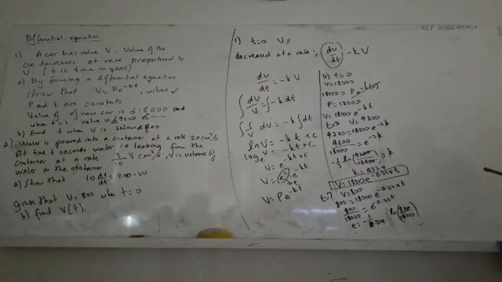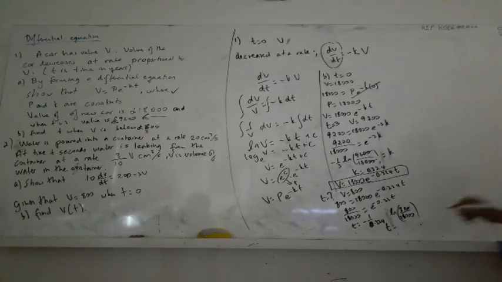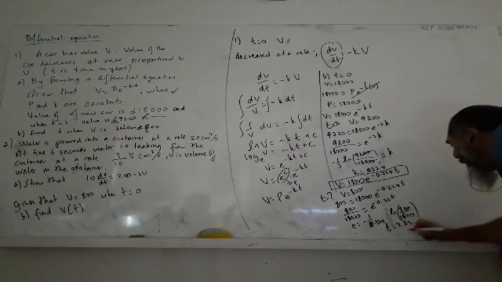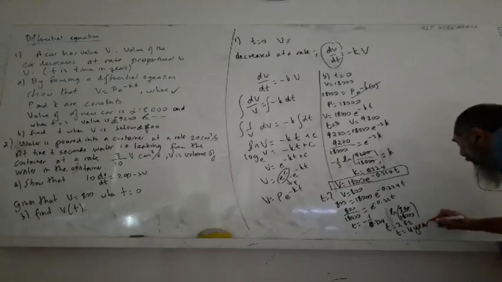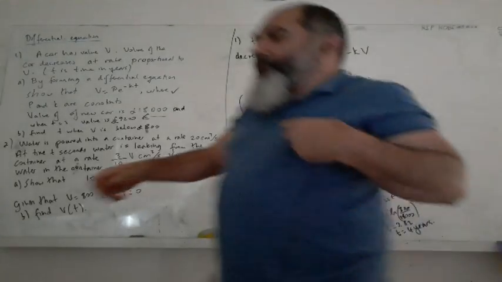And the answer is t is equal to 3.62. So t is equal to 4 years. This is the answer for question 1, differential equations.